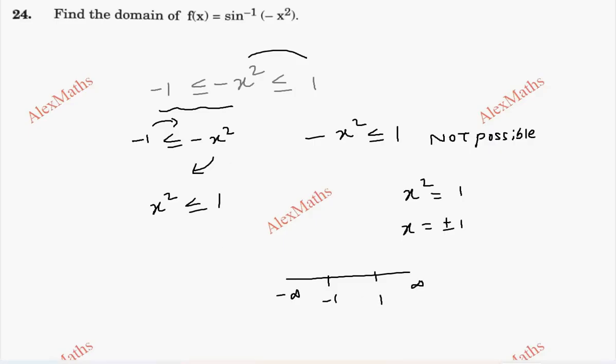The value of x which satisfies this equation is from here. If I take any value like 2, 2 square is less than 1, which is not true. Same thing happens here. If I take minus 2, this won't satisfy. The only region which satisfies is minus 1 comma 1 for this equation. So this is our domain.